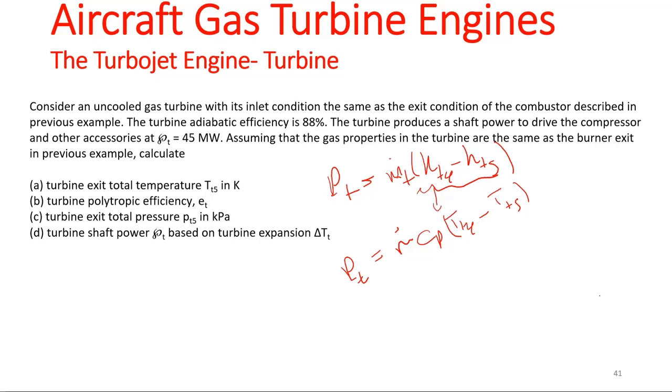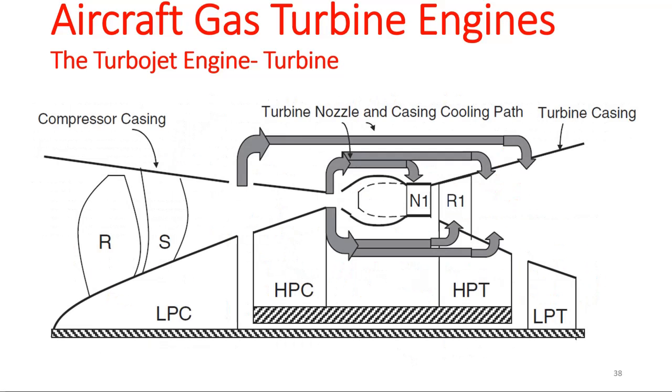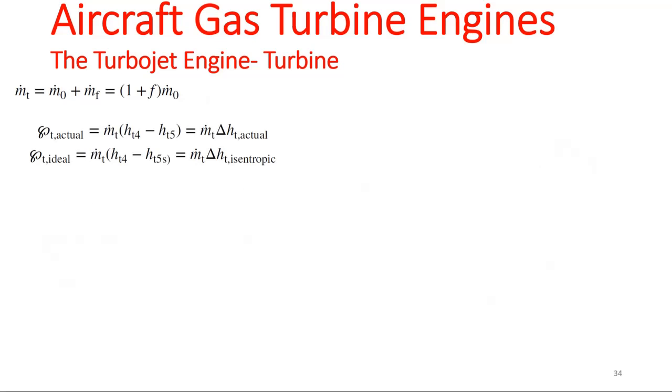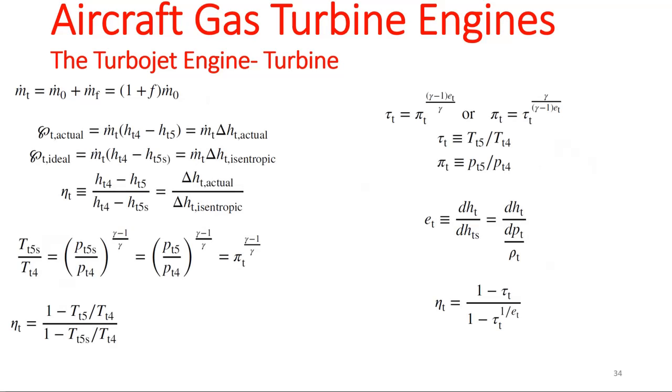What else do we have? We have the adiabatic efficiency. Do we have any equation that relates the polytropic efficiency to the adiabatic efficiency and the temperature ratio? We don't have the pressure ratio. Exactly. So this is the equation we are looking for.